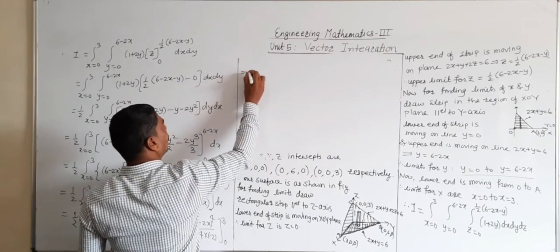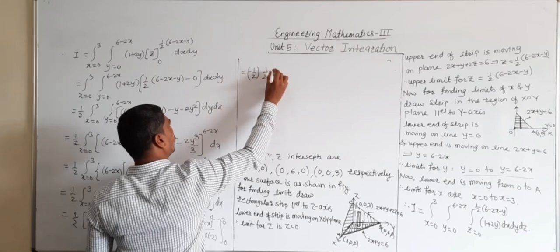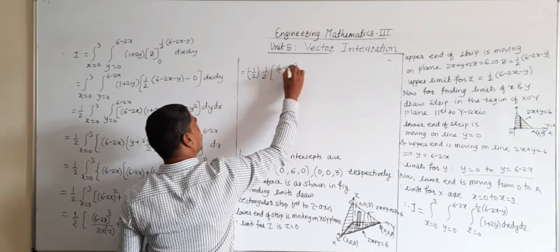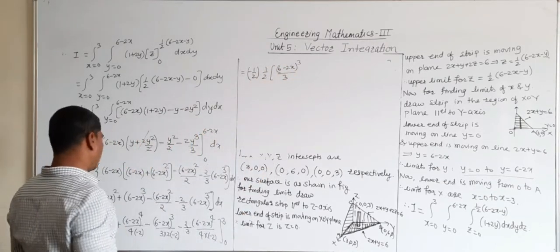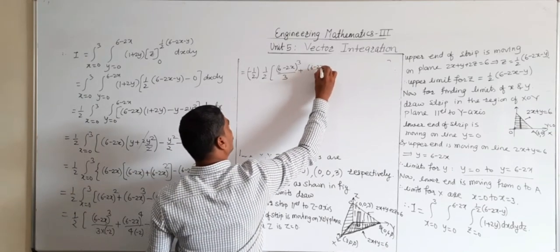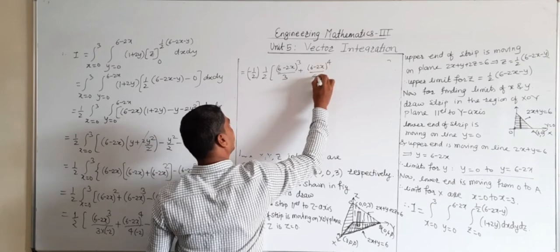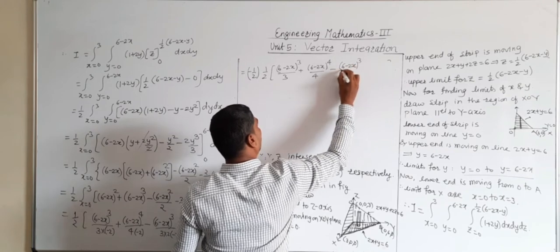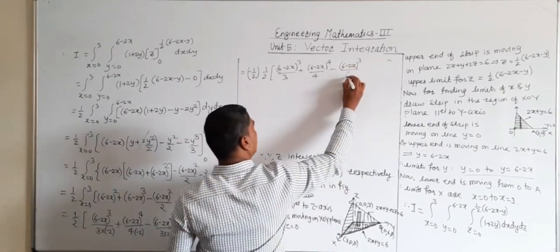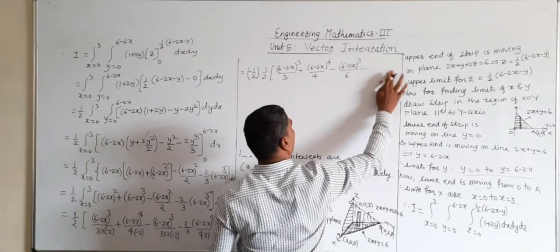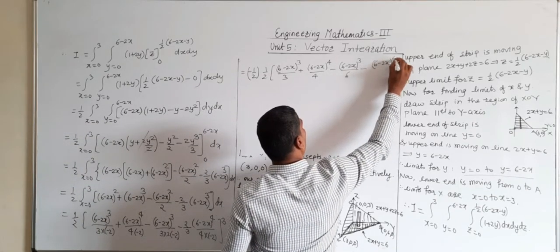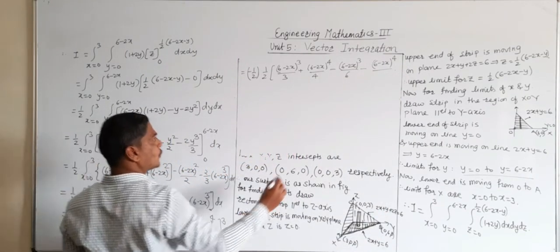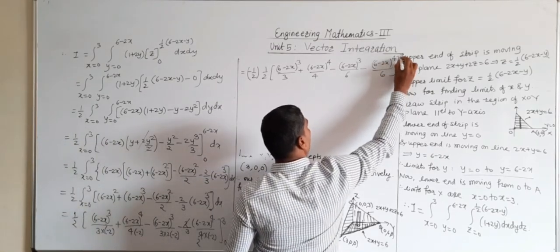So we get minus 1 upon 2 into the bracket of the remaining function: (6 minus 2x) cubed divided by 3, plus (6 minus 2x) raised to 4 divided by 4, minus (6 minus 2x) cubed divided by 3 into 2, which becomes 6, minus (6 minus 2x) raised to 4 divided by 6, with limits for x from 0 to 3.